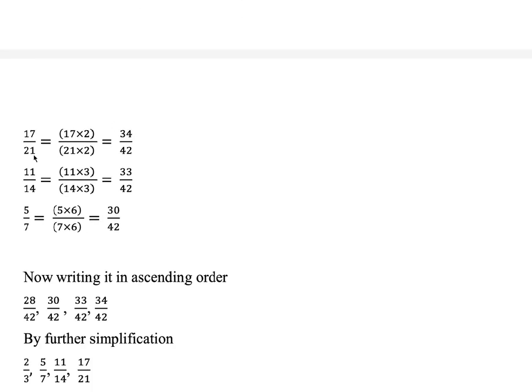Here 17 by 21, we know 21 into 2 is equal to 42, and 17 into 2. So in the denominator part we are multiplying by 2, so in the upper part also we have to multiply by 2. Just like this, 11 by 14 is equal to 33 by 42, 5 by 7 is equal to 30 by 42.